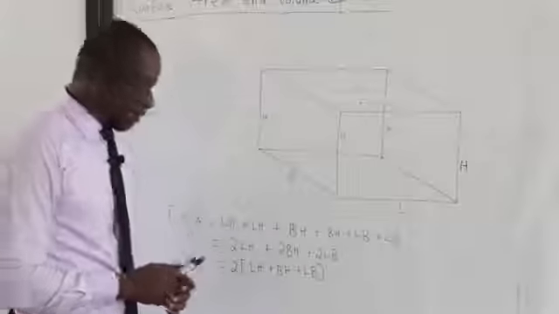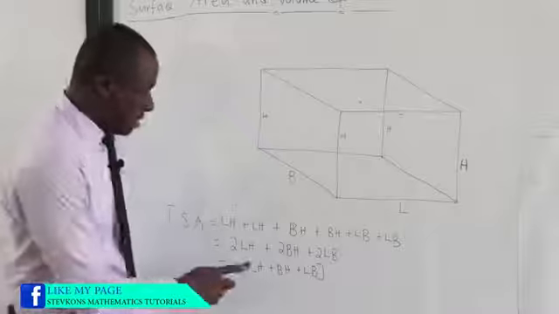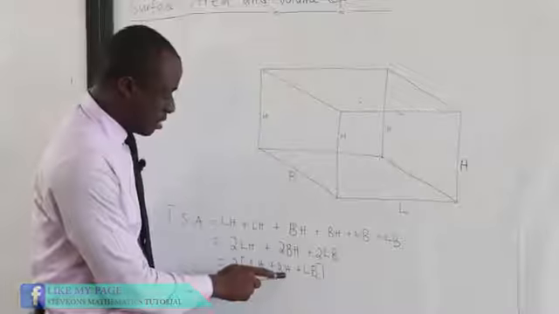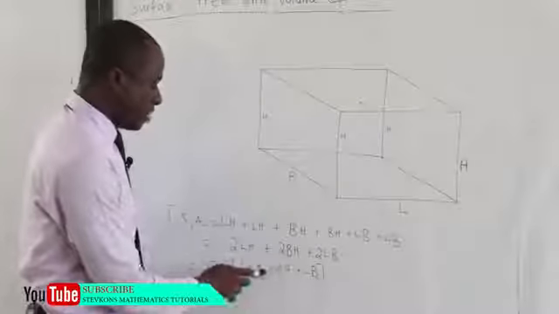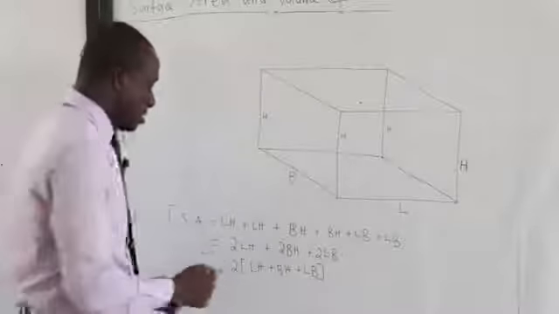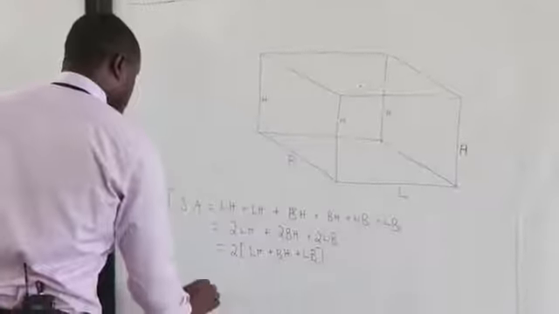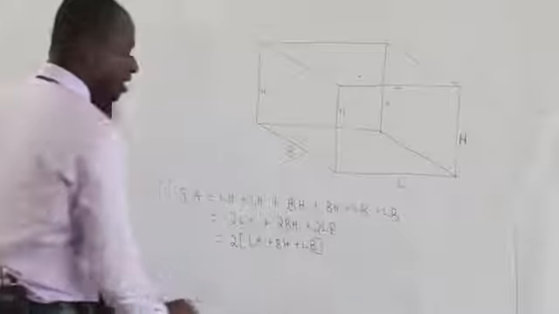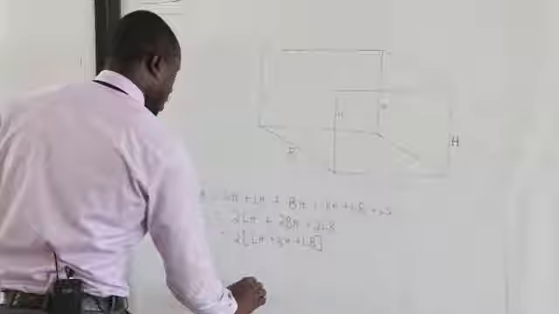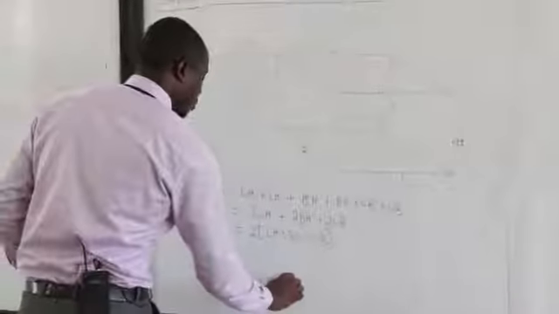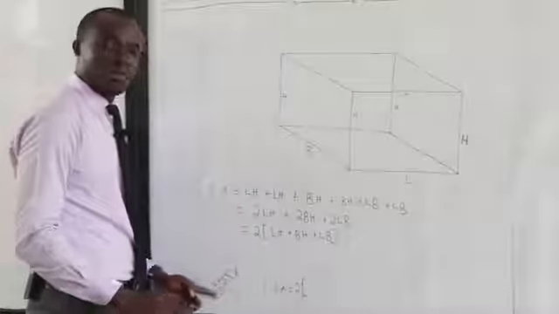Let's see carefully. L is appearing twice, B is appearing twice, and H is appearing twice. So in essence, let's suppose that we've been given L, W, H. If we want to come out with a formula, TSA equals 2 outside, and we have to make sure that each variable appears twice.